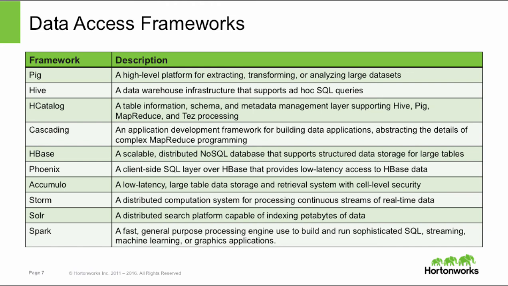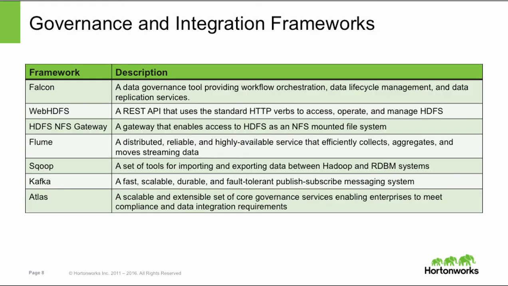The last of the ones we're listing there are Storm, our real-time streaming processing engine, Solr, our search engine, and then Spark, as I mentioned. Actually, for many of the things I just said, Spark has either in Spark Core or extensions to Spark, such as Spark SQL or Spark Streaming, options to some of the other frameworks you have there. And that's a good thing.